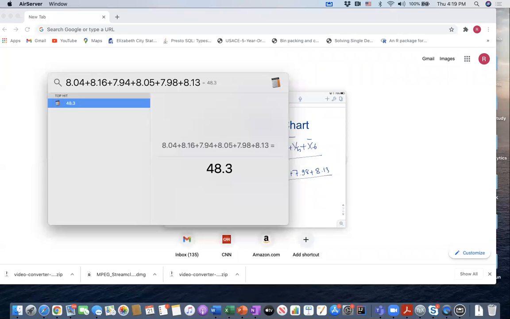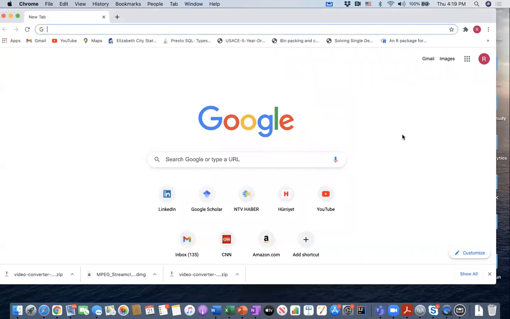The whole thing divided by 6. So our grand mean is equal to 8.05. Okay, all right, we are done with step 2.